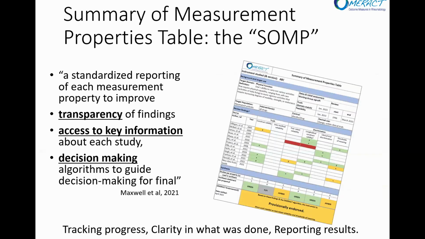So the SOMP then, as we said, is a standardized way of reporting on each of the measurement properties in a measurement property review so that we can improve the transparency of our findings, give you access to the key information, and show you how decisions were made to get to a final conclusion about whether or not this instrument has passed the OMRAC filter and can be included in a core outcome set.